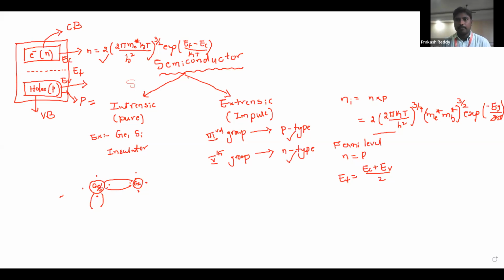Coming to the N-type semiconductor, when we dope with pentavalent impurities, an N-type semiconductor is formed, with donor electrons. The donor energy level is present near the bottom of the conduction band. Again, I have taken the semiconductor.